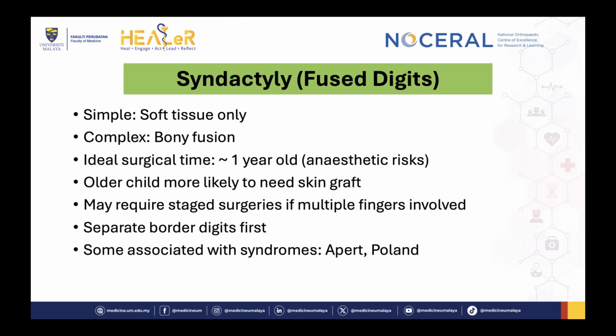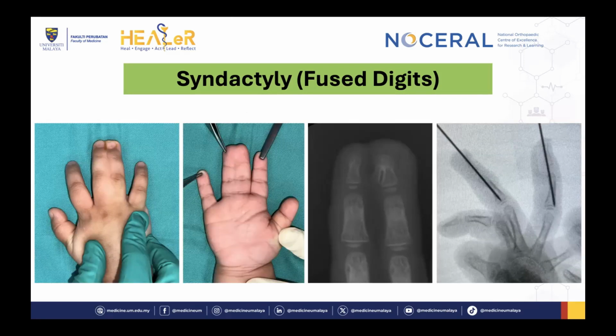There are also other syndromes that can be associated with this. Apert syndrome and Poland syndrome are the common ones. These are some of the cases that I have done after I came back from my fellowship. This child is about 3 years old, and the mother was very hesitant about the surgery because she was worried about everything from the scar to the anesthetic risk. Even after admission, she was still thinking whether to proceed or not.